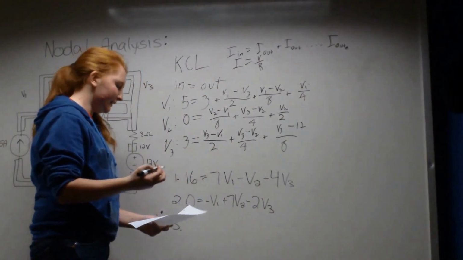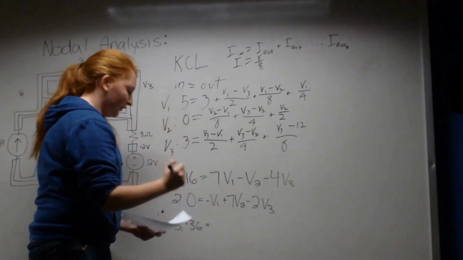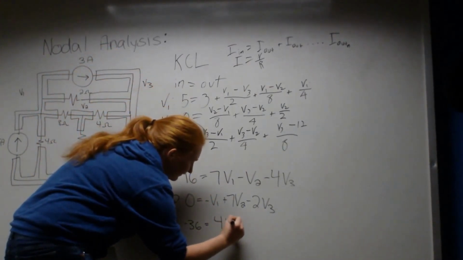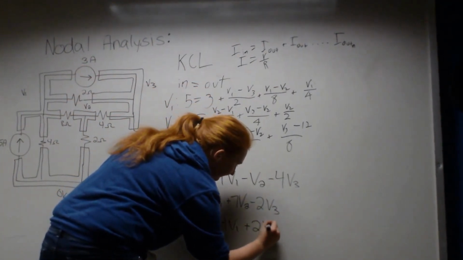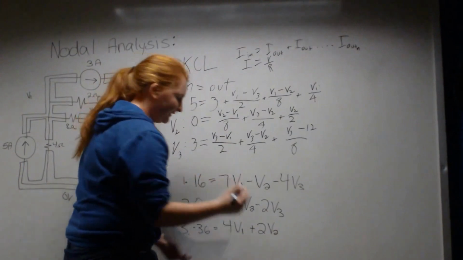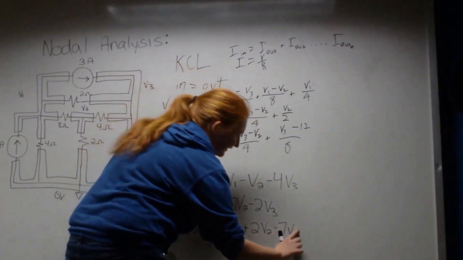And your last equation is negative 36 equals 4V1 plus 2V2 minus 7V3.